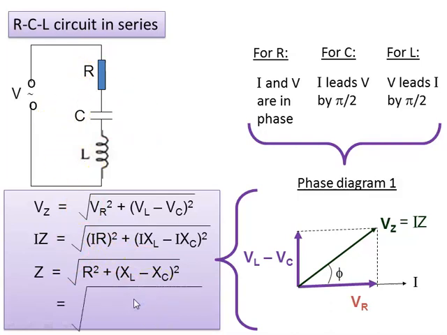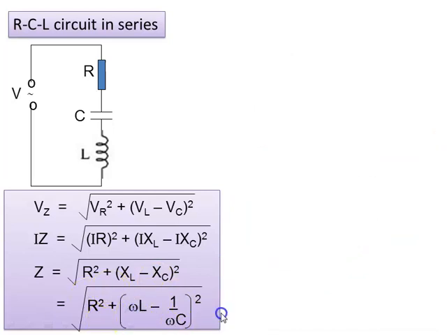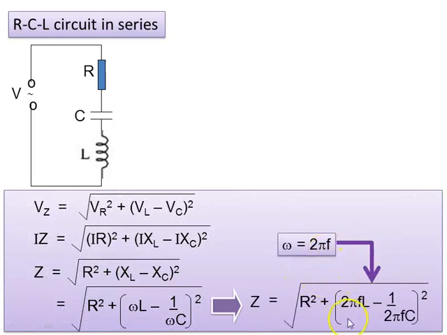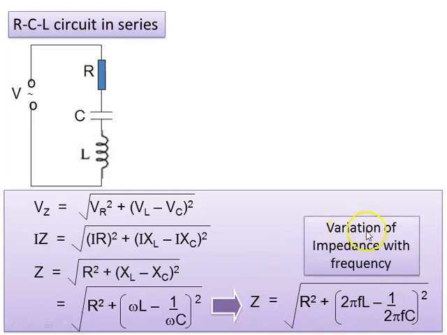And we can substitute XL equals omega L and XC equals 1 per omega C. So we have this equation. And we substitute omega equals 2 pi F into the equation to see the relationship between Z and F, the variation of impedance with frequency.